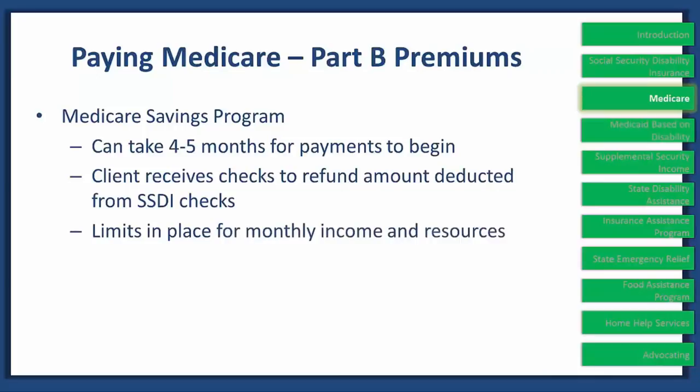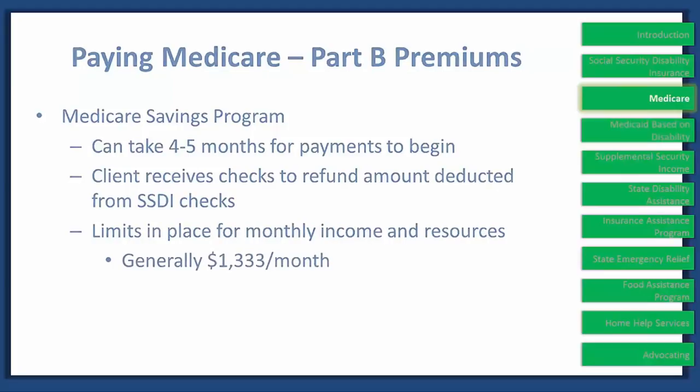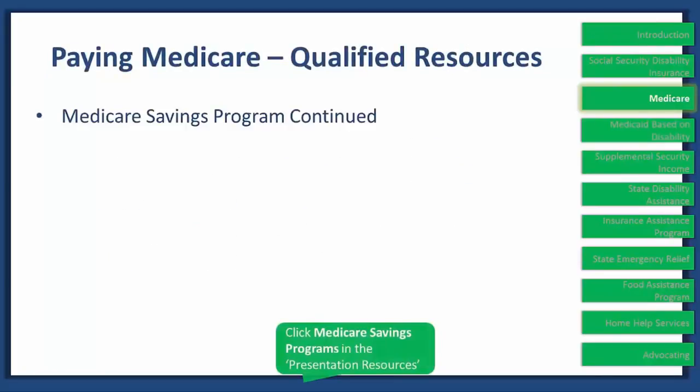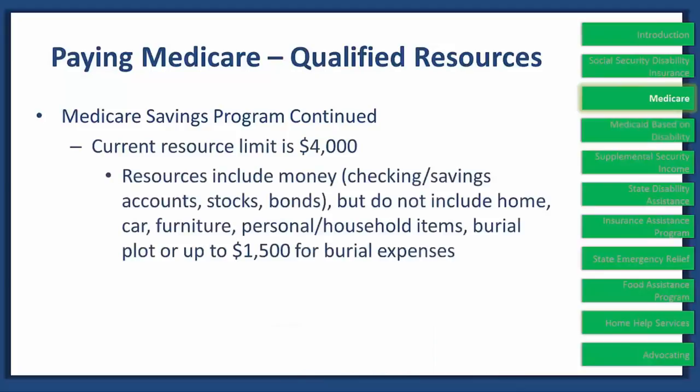There are limits on monthly income and resources to qualify for the Medicare savings programs. The income limit in most cases for individuals is $1,333 per month. Let's review what qualifies as resources. The current resource or asset limit is $4,000. Resources include money in a checking or savings account, stocks, and bonds.